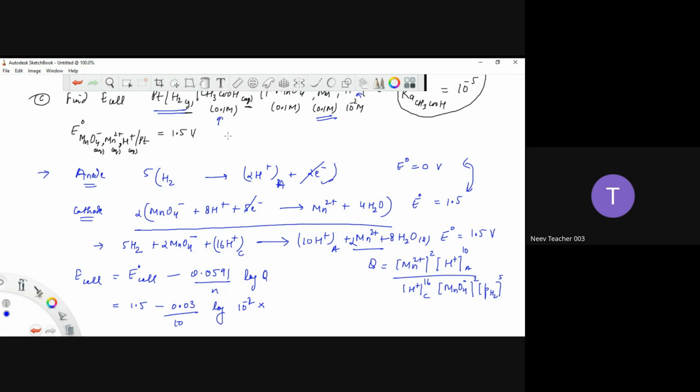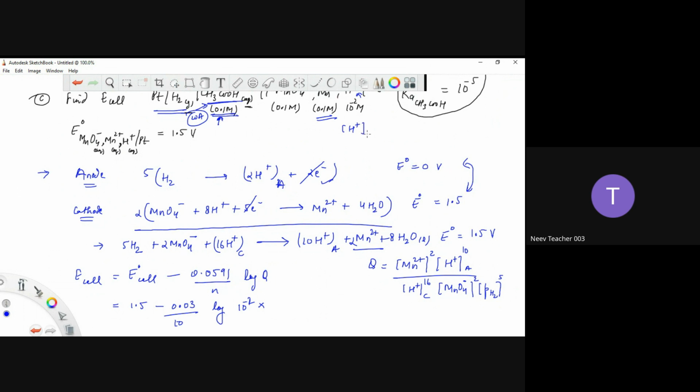Anodic concentration is this. Now, can you tell me how much H plus will be there? Will it be 0.1 molar? No, because this is a weak acid. CH3COOH, weak acid.